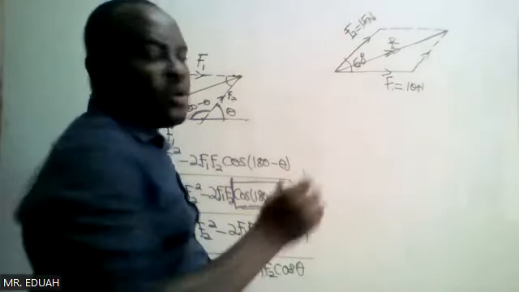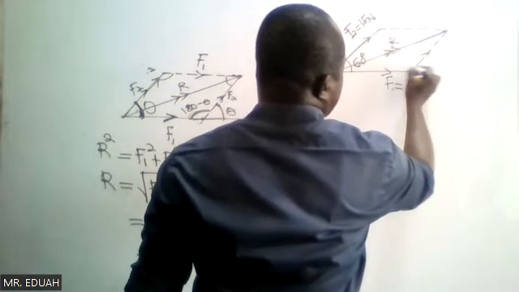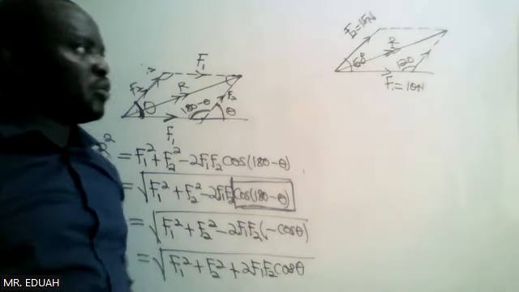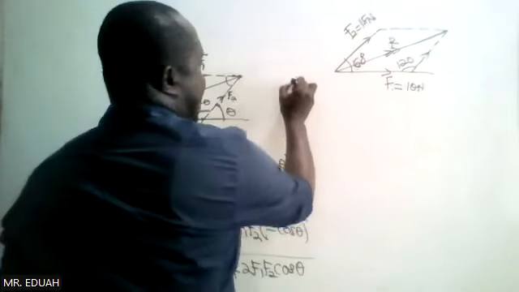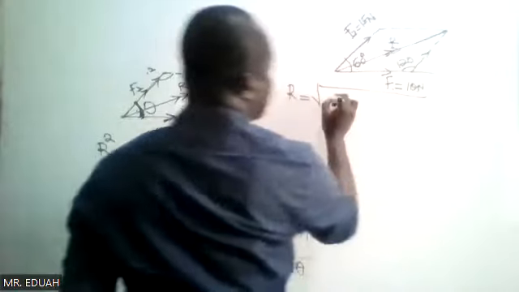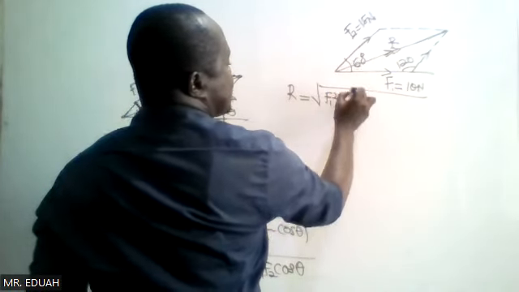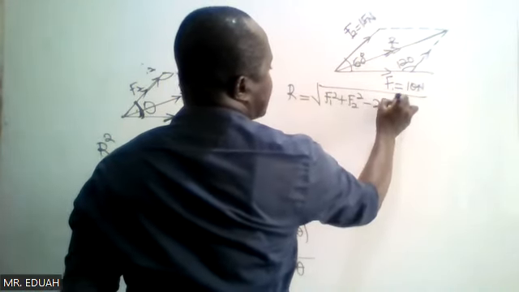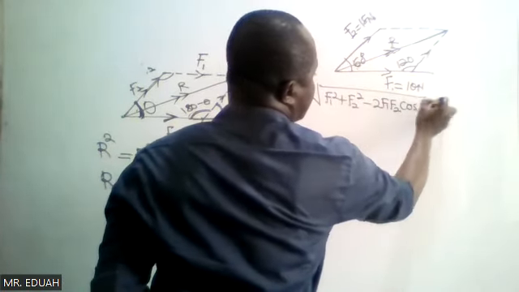Once this is 60, when I extend this line, then this angle would also be 120, because 180 minus 60. So R is equal to the square root of F1 squared plus F2 squared minus 2 F1 times F2 cos of 120.